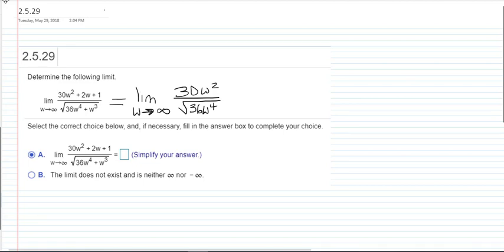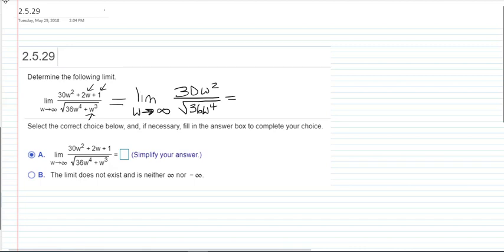So again, these are not the same function, but as w gets extremely large, these other terms get to be insignificant compared to the size of the w squared and the w to the fourth. So we can just look at those two terms.